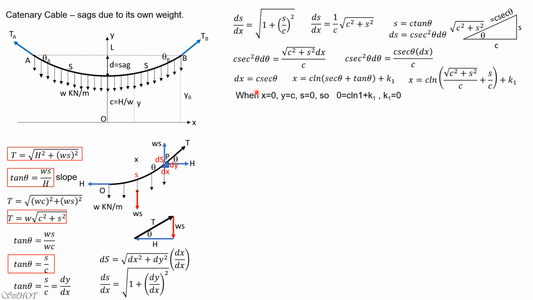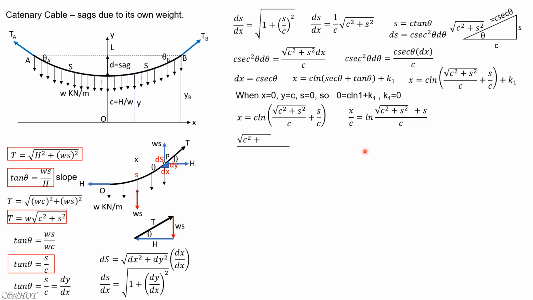So x is therefore equal to c ln of square root of c squared plus s squared over c plus s over c, which can be simplified further into x over c equals ln of quantity square root of c squared plus s squared plus s, all over c.